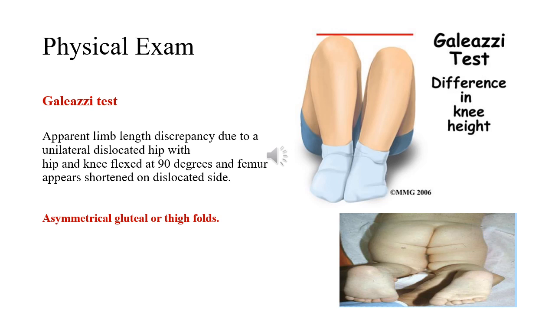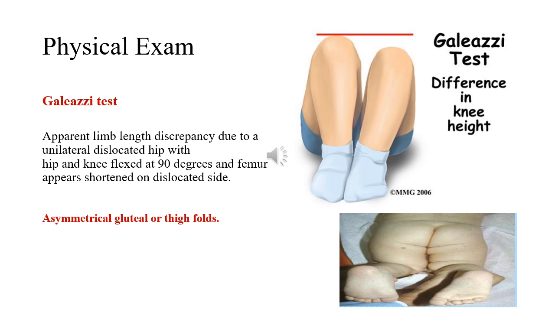To understand this further, I advise you to again watch a video, and there are many videos describing and showing this test. The most important part is to know whether this leg length discrepancy is coming from the femur or from the tibia or from both.